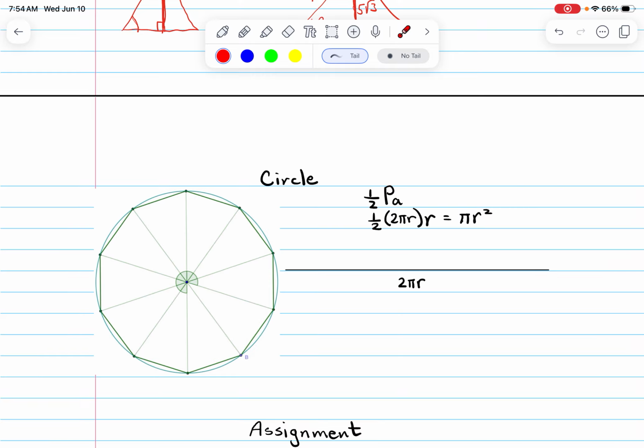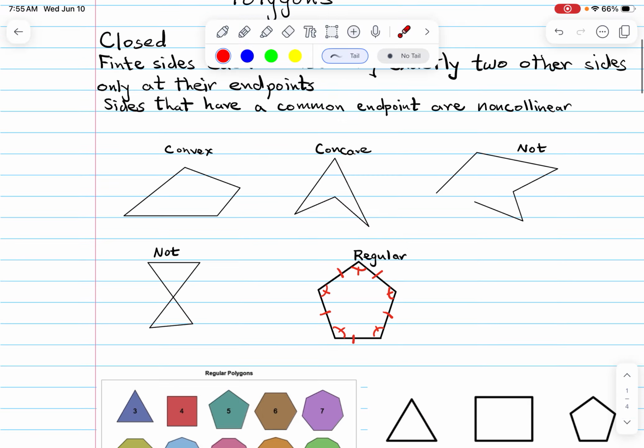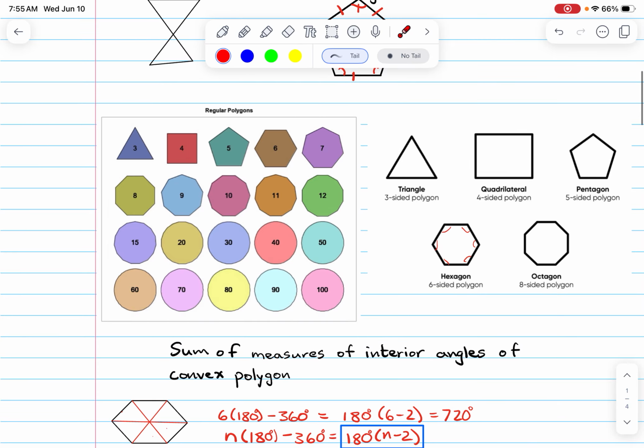Now here's the deal. If we want to talk about the perimeter of these polygons, imagine if we make the number of sides of the polygon more and more. Here we have a 7-sided polygon.